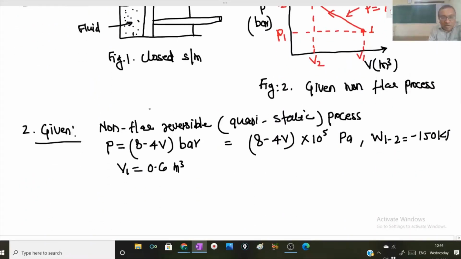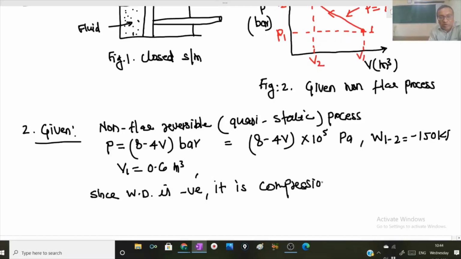And one more thing: since work done is negative, it is a compression process. That also I could infer from the given value of work done.